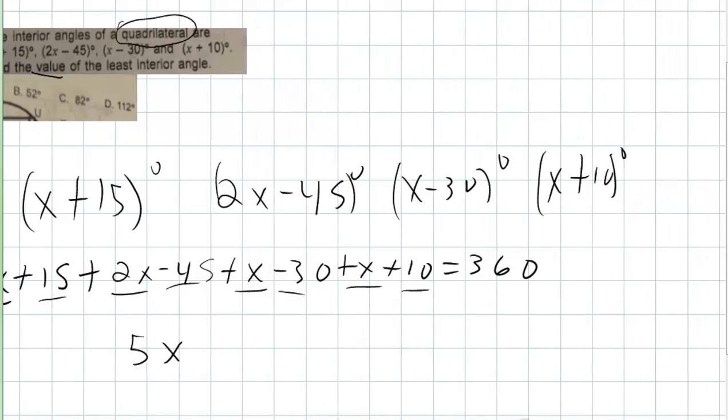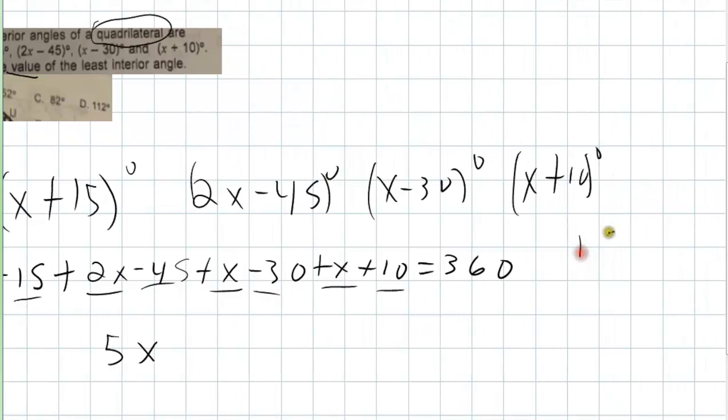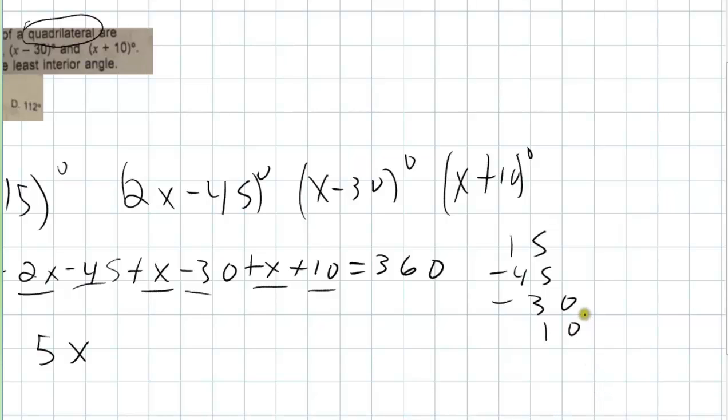Okay, so I'm going to do some scratch work on the side. 15 and negative 45, negative 30, and 10. So I'm going to make these two combine, and it'll be negative 30. And these two combine, and this will just be negative 20. And then this makes negative 50.